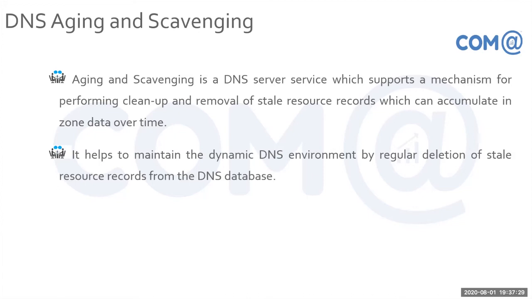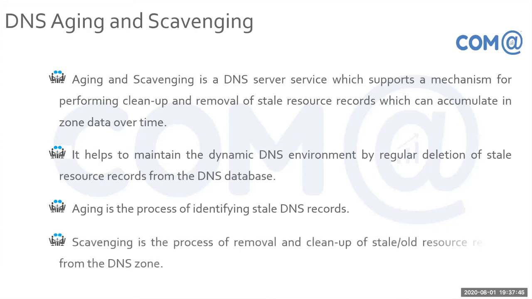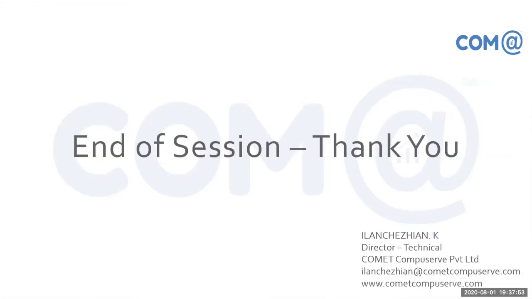So it helps to maintain dynamic DNS environments by regular deletion of stale resource records from the DNS database. And aging is the process of identifying the stale DNS records, and scavenging is the process of removal and cleaning up of stale or old resource records from the DNS zone.